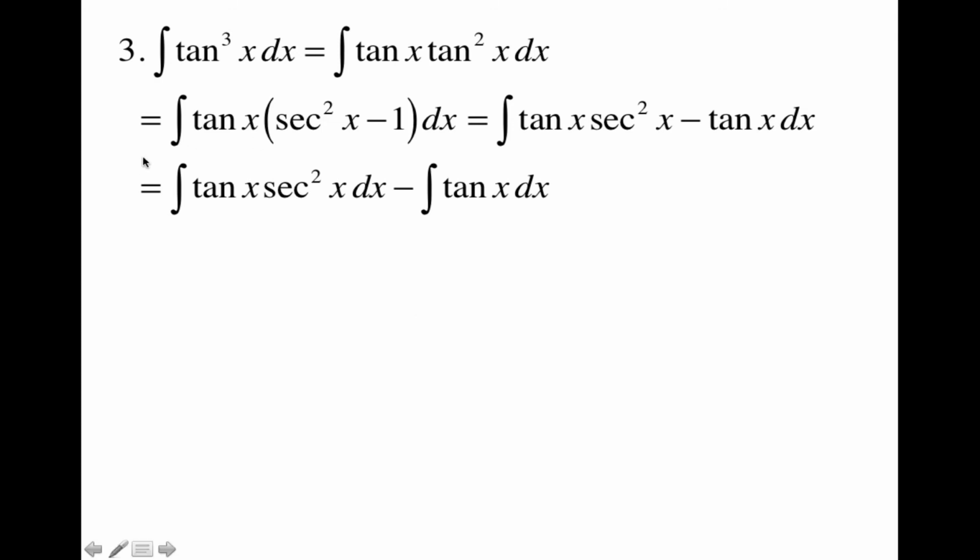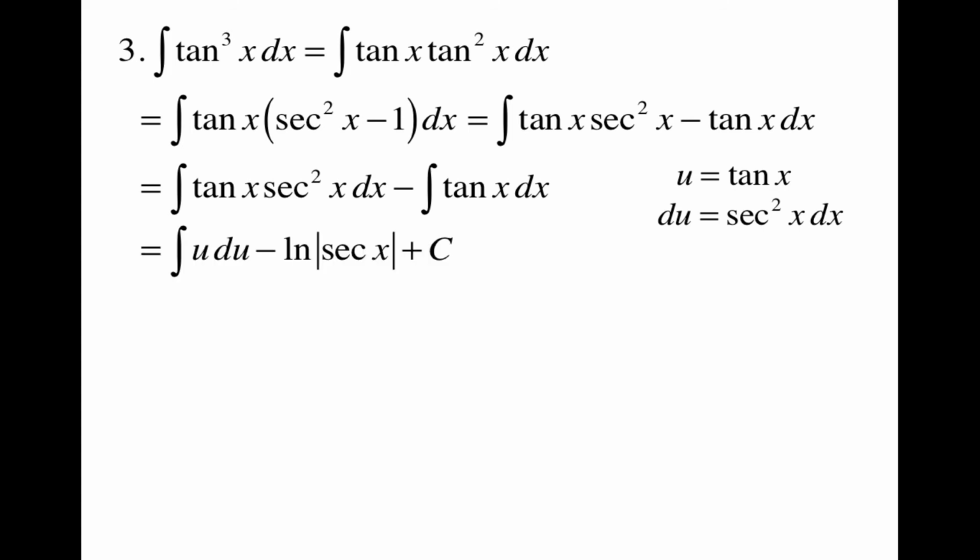For the first integral, I'm going to use u substitution. My u is going to be tangent because my du is secant squared dx, and I have the secant squared dx. And then for the integral of tangent, that is one that we did with u substitution a few days ago.